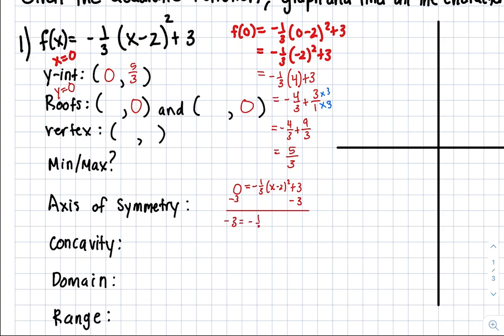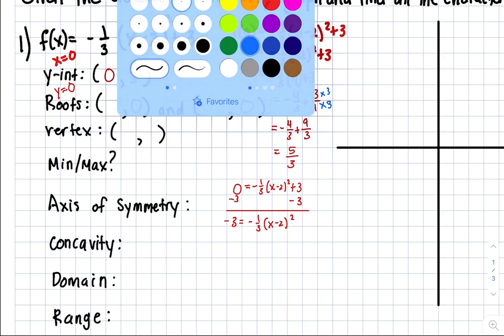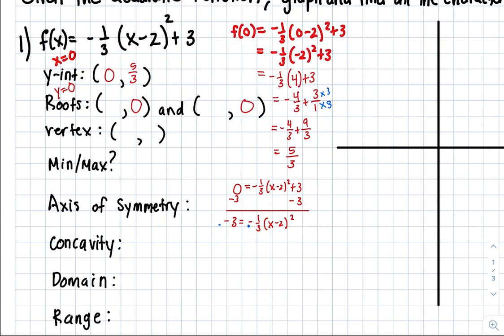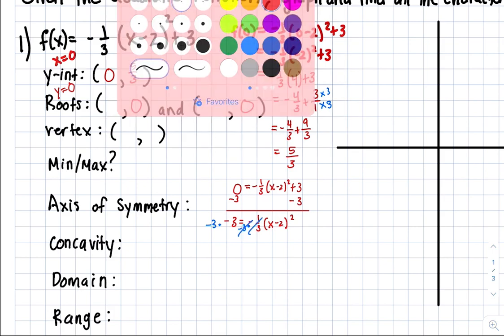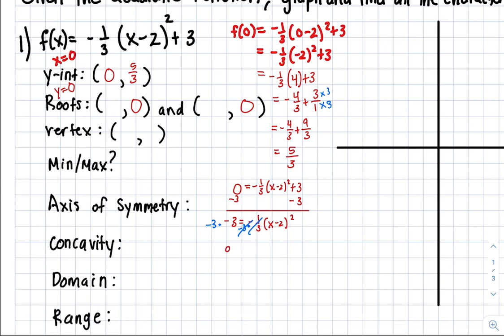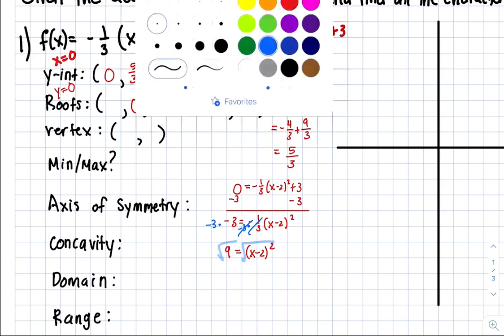Okay. Now, we need to get rid of that fraction, which is negative 1/3. So I'm going to multiply both sides by negative 3 so that these cancel. So then we're going to get positive 9, because negative 3 times negative 3 is positive 9, equals x minus 2 squared. Now we're going to square root both sides.